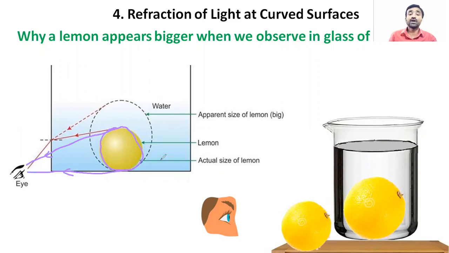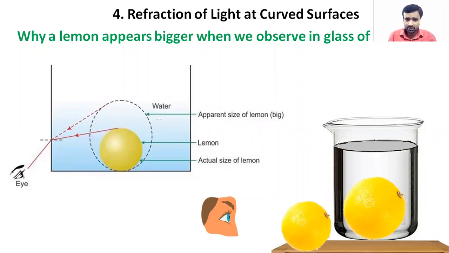Here, what happens when we fill the glass with water? The lemon is immersed into the water. Then your eye cannot perceive that refraction. What it can estimate is that the light you are receiving is coming directly from the object.